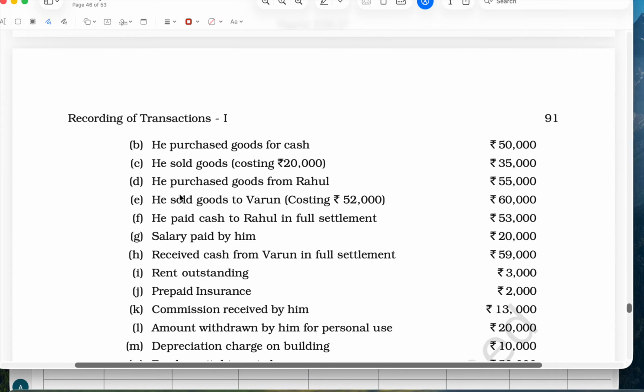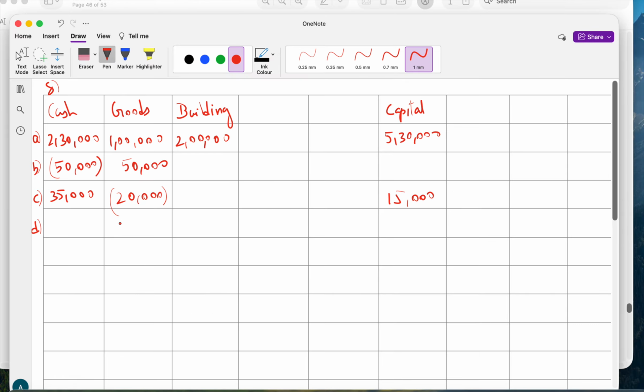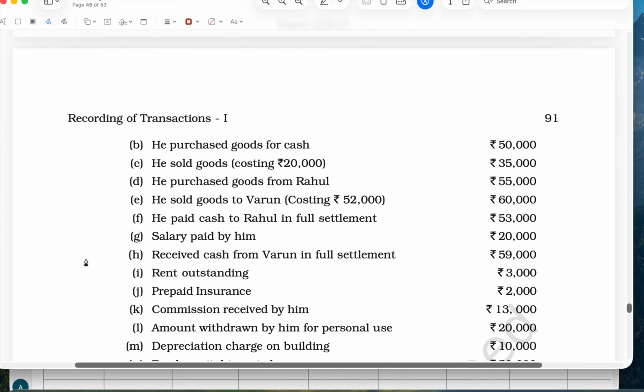D. He purchased goods from Rahul 55,000. So it is a credit purchase. So we'll have creditors 55,000. E. He sold goods to Varun costing 52,000 for 60,000.